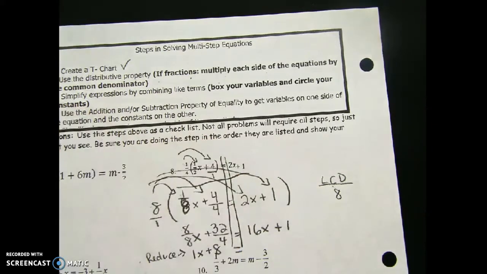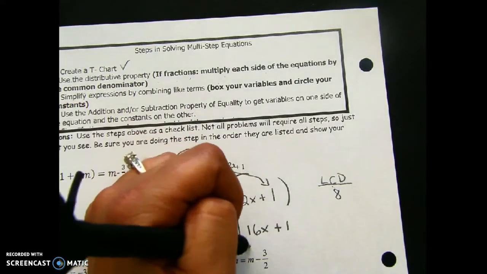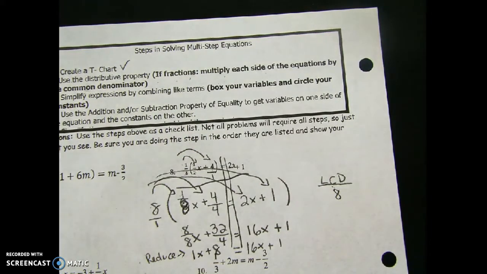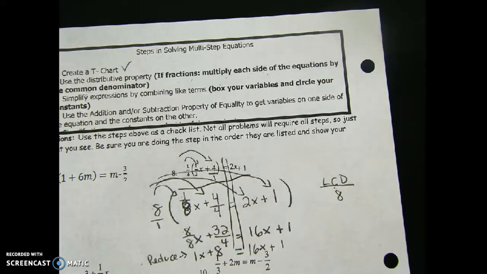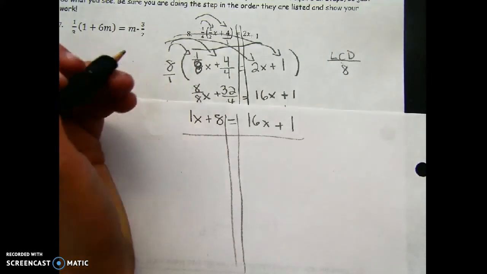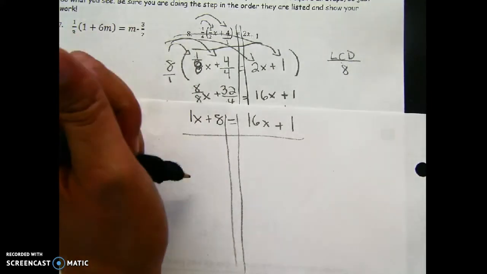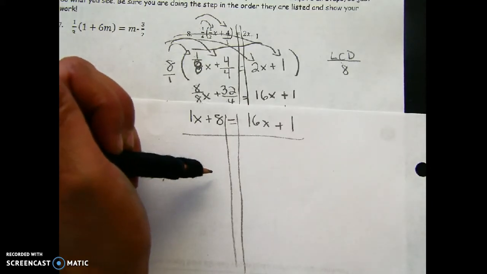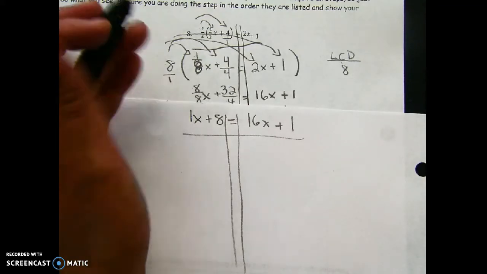Put my equal sign, and I'm going to get 16x plus 1. I'm going to write this. Okay, as you can see, I was running out of room. I'm writing really large so you can see, but if you are running out of room, go ahead and do it on another sheet of paper so that way it's nice and clear.